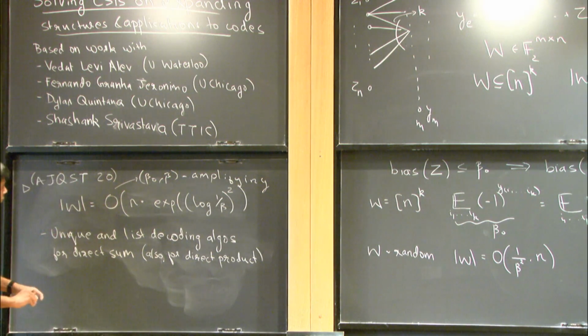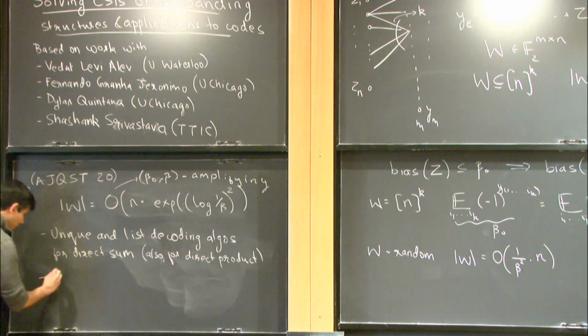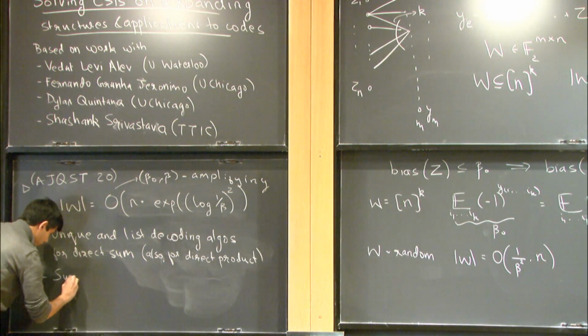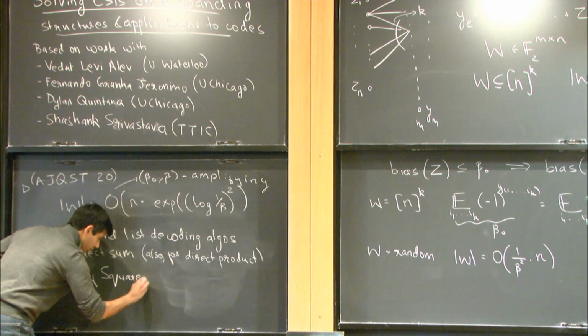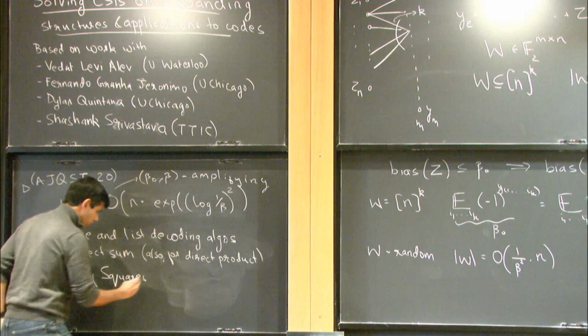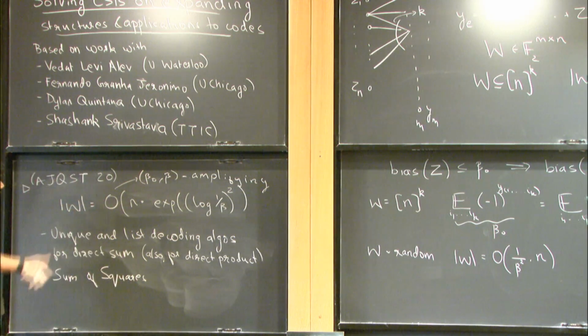So what I want to mention is the general framework, which uses what is called the sum of squares SDP hierarchy to solve some sort of constraint satisfaction version of this problem. The framework is nice enough to incorporate list decoding in a rather natural way.